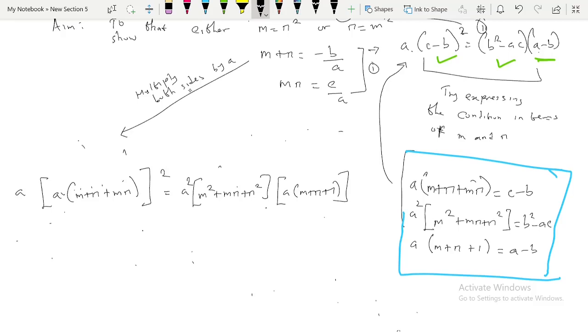so I can rewrite this as, this square means this is a times a squared. This a squared is coming from the inside. This a matches with this a square. So this is a squared times a again.